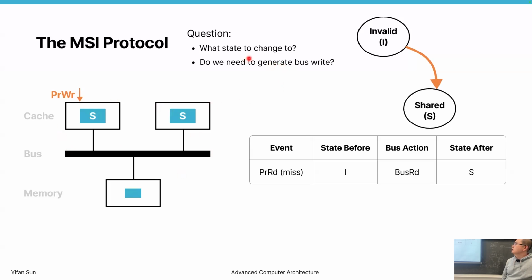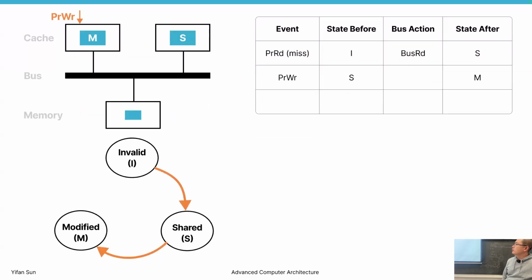Then the first question is rather easy: we can change it to an M state, right? M means it's modified. Modified means it's dirty, and it doesn't allow any other cache to share it because it's dirty and only one copy can be dirty.